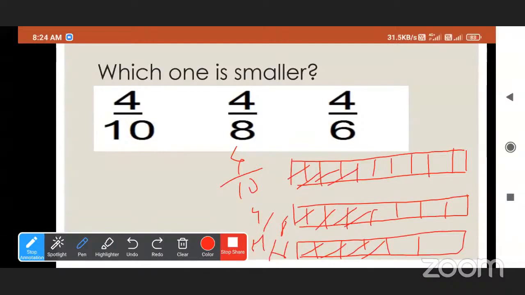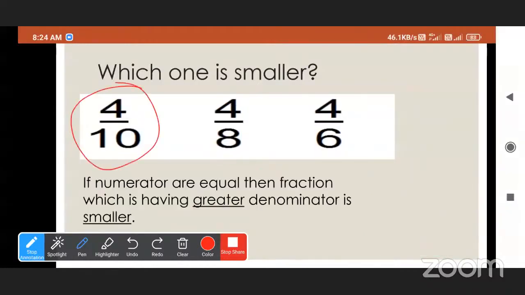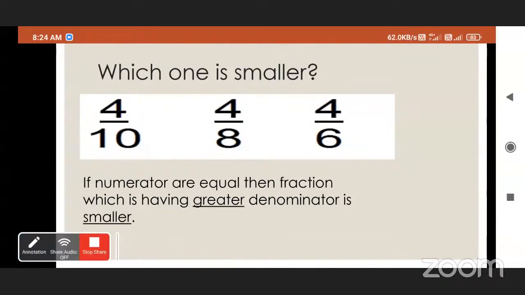See the diagrams. Is 4 upon 10 small, or is 4 upon 6 small? 4 upon 10. Okay, good, 4 upon 10 is small. See here, the point is given: if the numerators are equal, then the fraction which has the greater denominator is smaller.